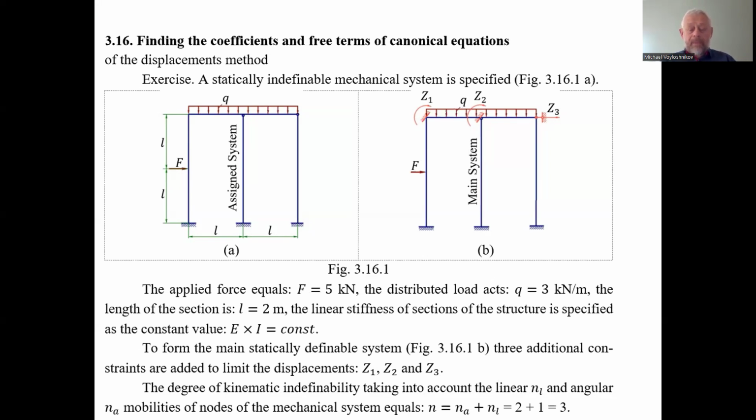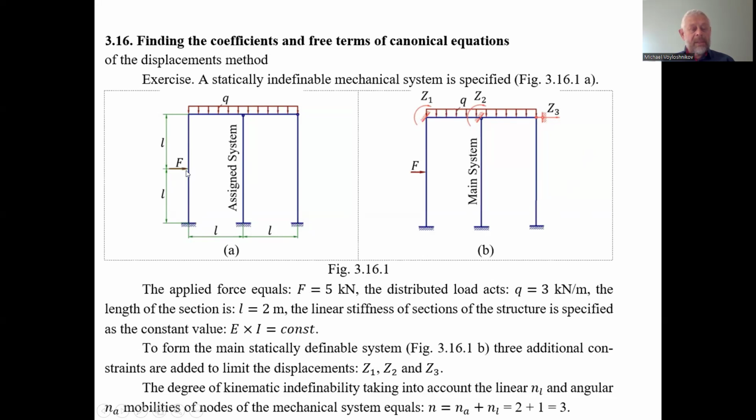For the number of angular indefinabilities, we just count the number of nodes connecting the elements of the mechanical system, the rigid nodes. We have 2 here. If we look at the system attentively, we have the left stand. The stand is 2L in length.